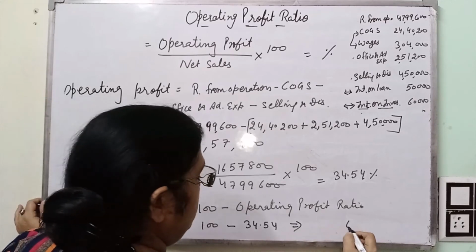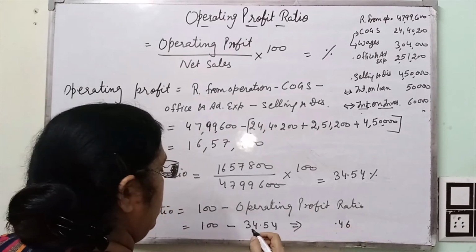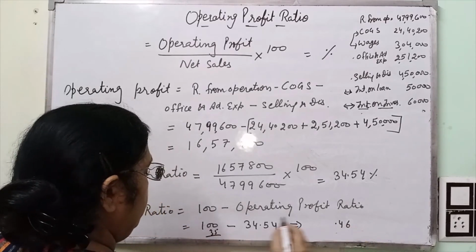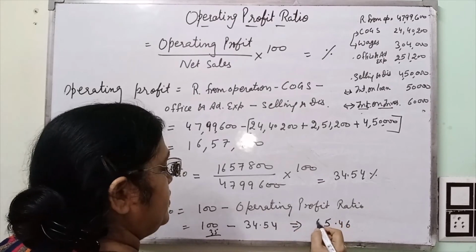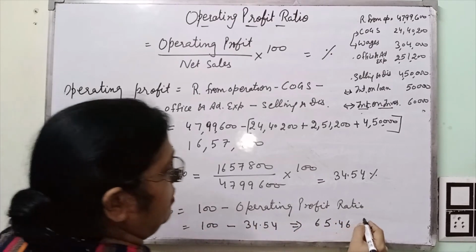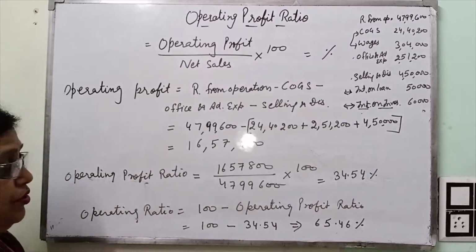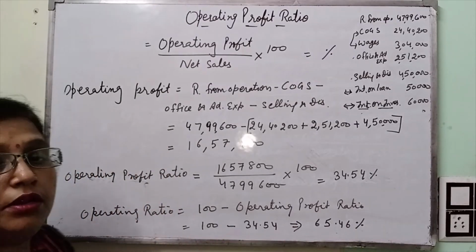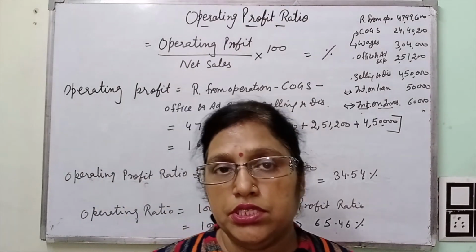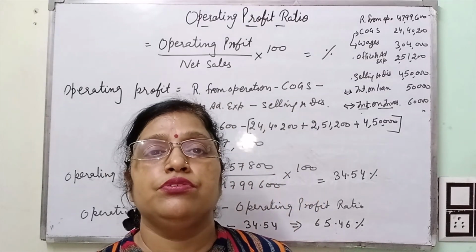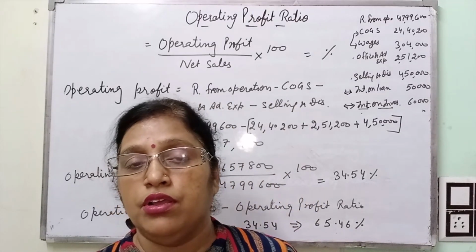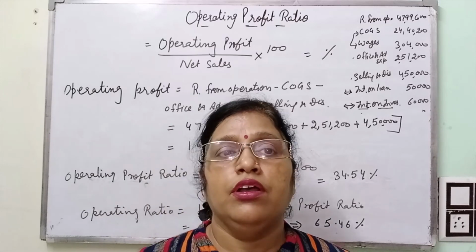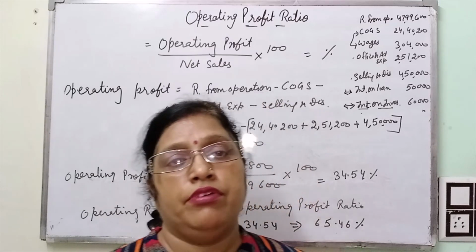It will come to 65.46%. As I told you that operating ratio and operating profit ratio are complement to each other. Sum of these two ratios must be equal to 100. So if we have one ratio, then we can easily calculate another one.